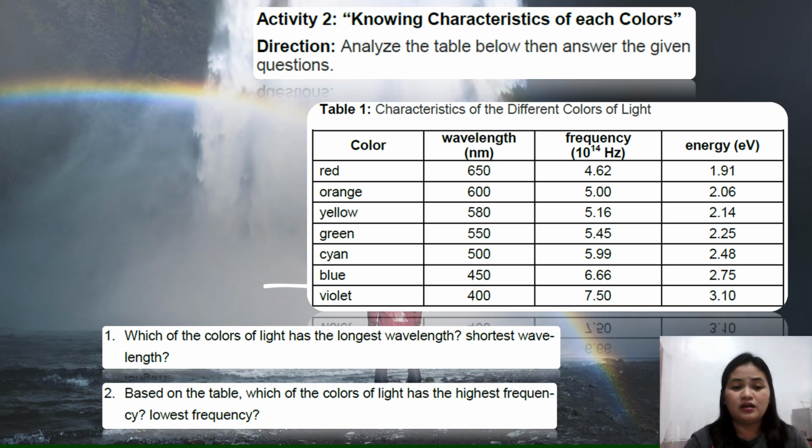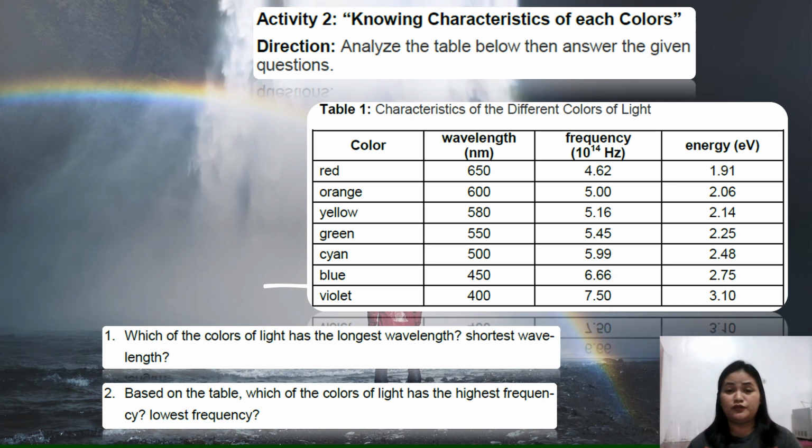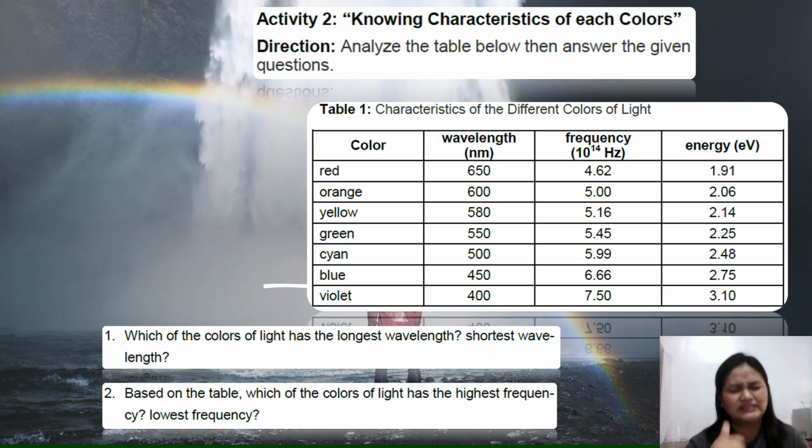Ganon din sa lowest frequency. Si red o si violet? Red or violet lang yung pinagpipilian dyan. Kasi, highest or lowest. Alam mo naman siguro yung numbers, di ba? 462 compared sa 750. O, alin din si highest, alin din si lowest. Parang score lang yan. Easy.